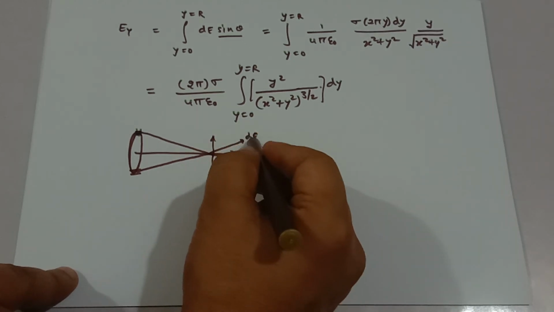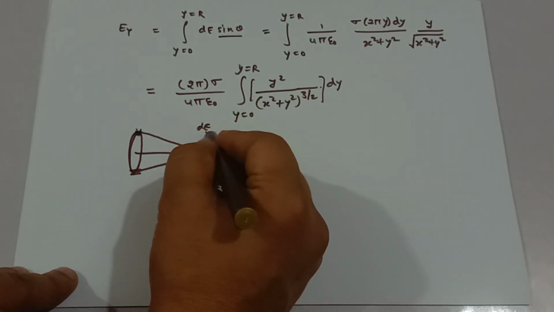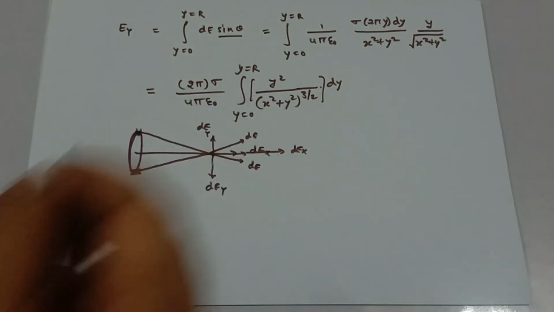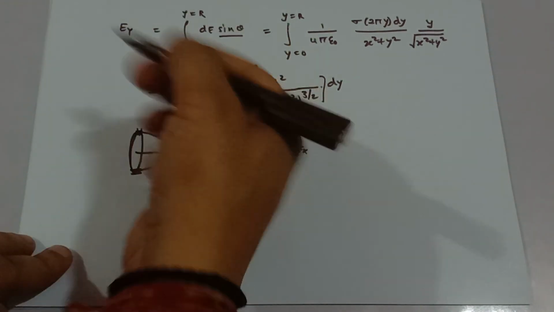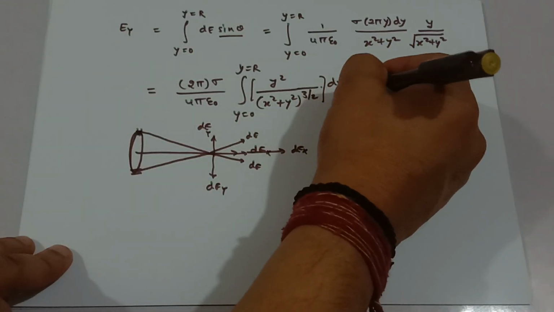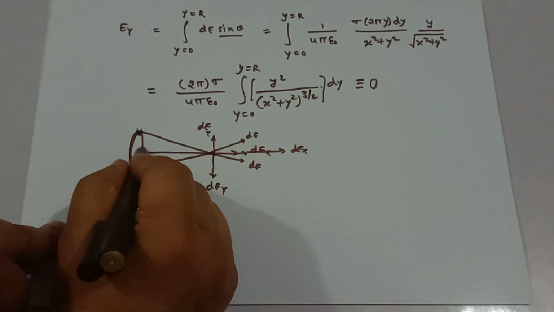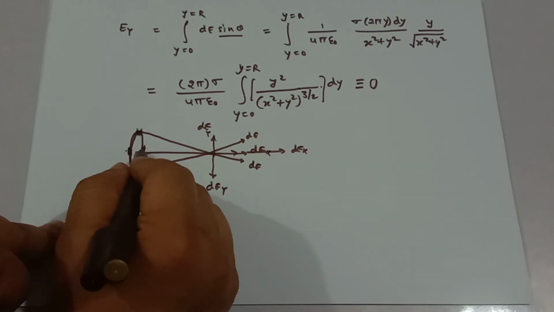This dE can also be resolved into two components, one along the y-axis and the other along the x-axis. So ultimately the net electric field along the y-axis would be 0. So the electric field is only along the x-axis. If you take this element here, another element would be present here, and the electric fields of these two would be cancelled out.